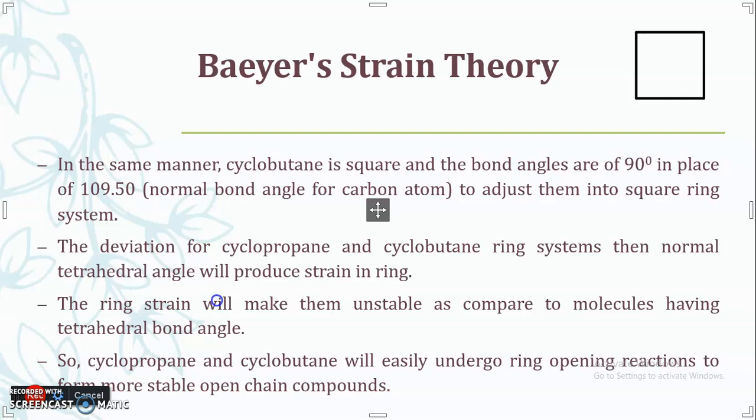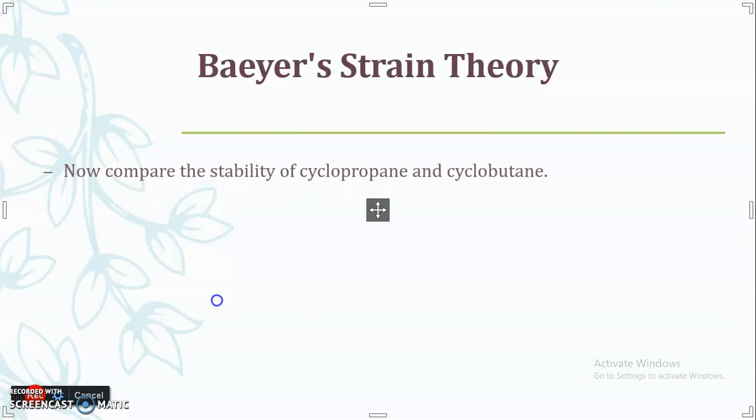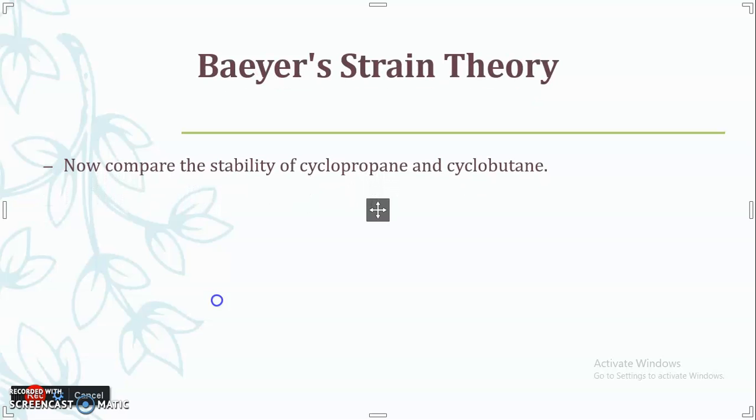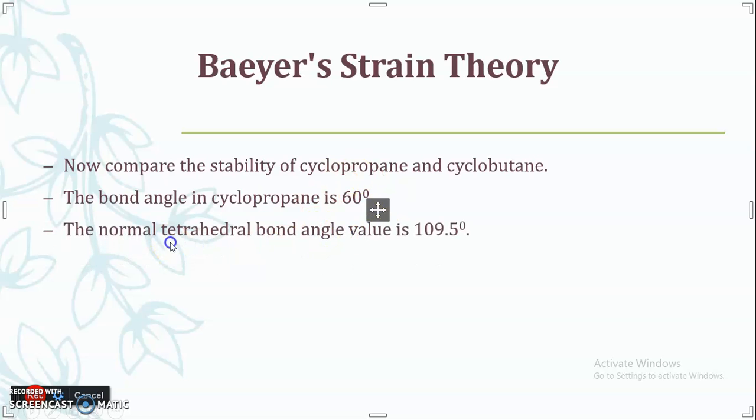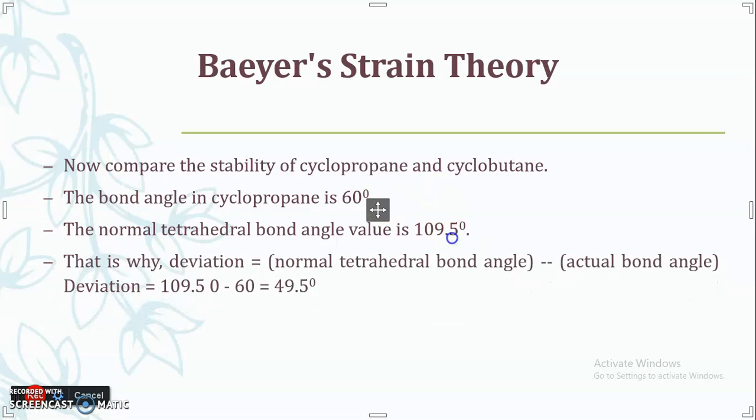Now how did he calculate these strains, or how do we calculate them? We will compare with the help of different examples the stability of cyclopropane, cyclobutane as well as cyclopentane. As we said, the bond angle in cyclopropane is 60 degrees, and the normal tetrahedral bond angle is 109.5. Deviation is equal to the normal tetrahedral bond angle minus the actual bond angle, and sometimes it is divided by 2 also.